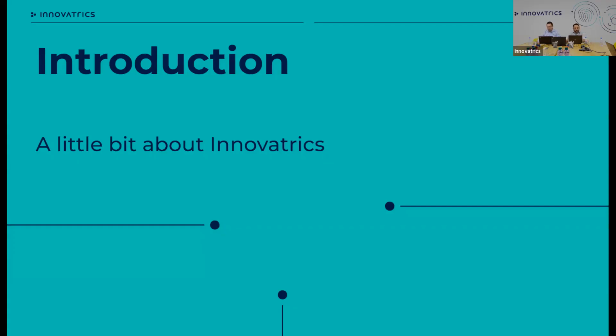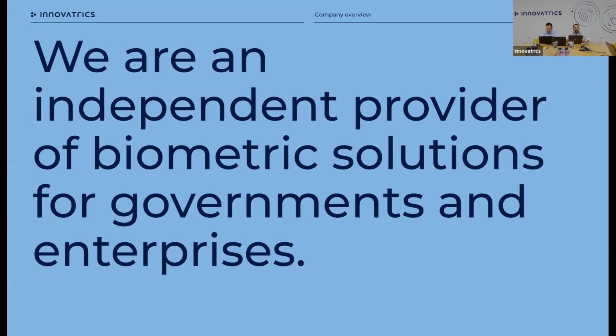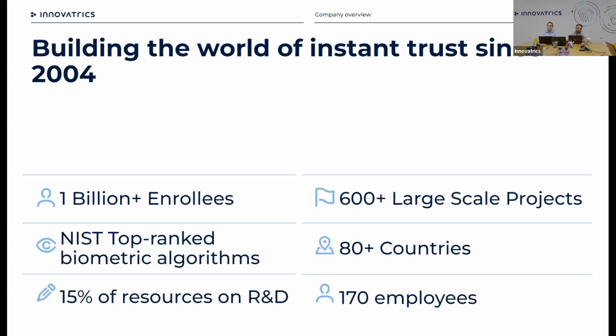Before we start, let's make a quick intro about us. At Innovatrics, we identify ourselves as an independent provider of biometric solutions for governments and enterprises. Even while Innovatrics is a technological company, we believe our products are very human because they help to secure the world and trust between people. We have been building the world of instant trust since 2004.